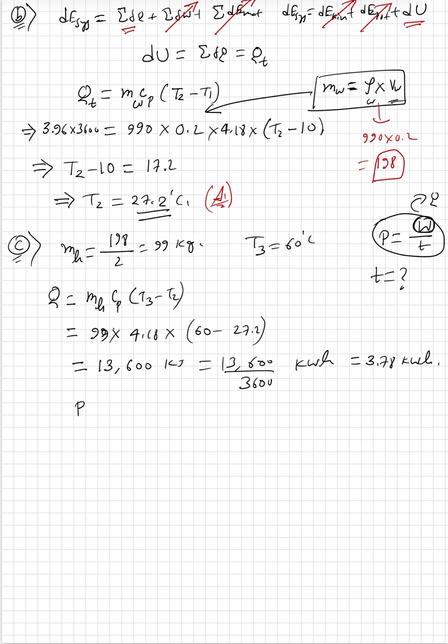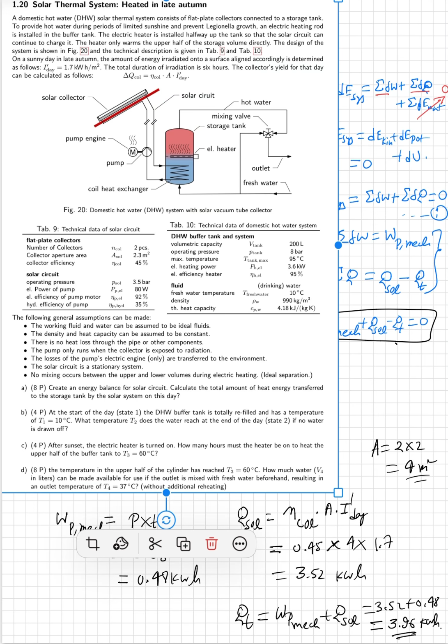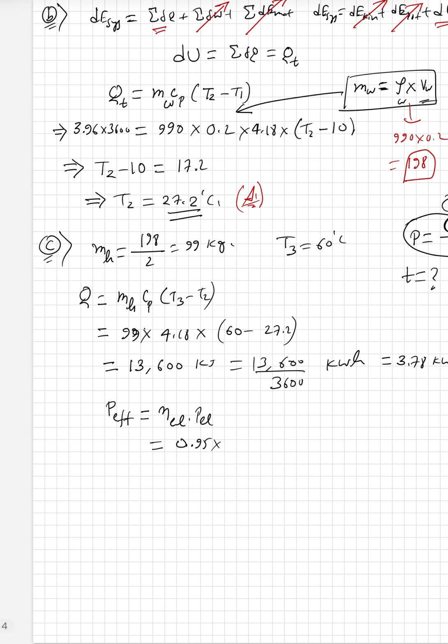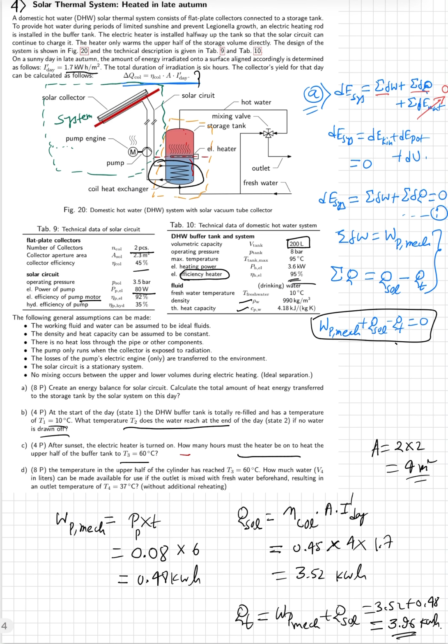So I can write it down: P effective will be eta electrical times power of electrical. So effective power would be 0.95, they mentioned here as 95%, and the power of the electric motor is 3.6.